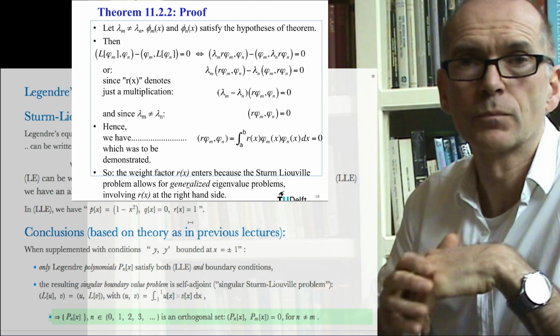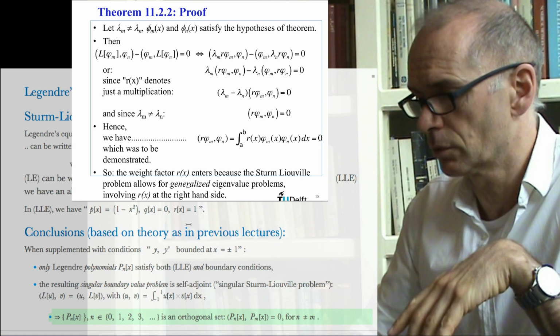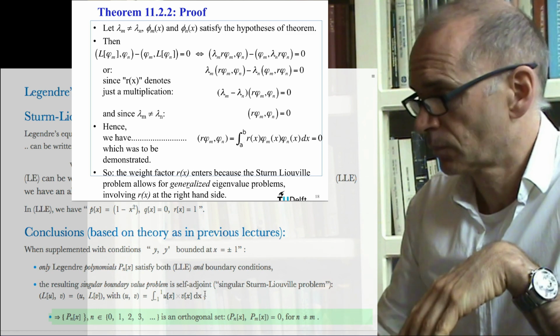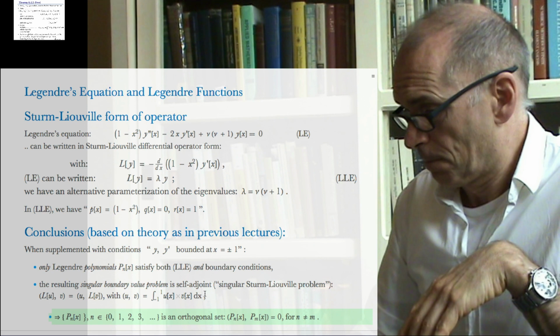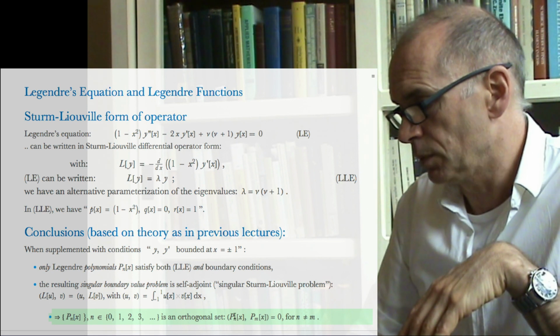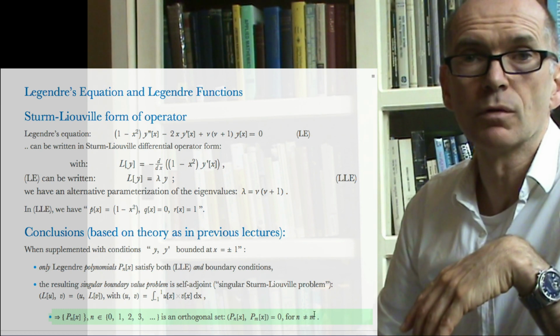But that is one here. So the Legendre polynomials are orthogonal with respect to this inner product. And that statement is here. The inner product of Pn times Pm is 0 as long as n is different from m.